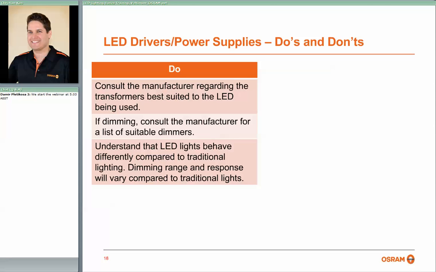This all drills down to the last point here, which is understanding that LED lights behave differently compared to traditional lighting. So the dimming ranges and responses on your dimmers and your transformers are going to react very differently to how traditional lighting technology operates. Nine times out of ten you're never going to have an LED dim down anywhere near as low as a halogen, for example, on an MR16 halogen transformer.